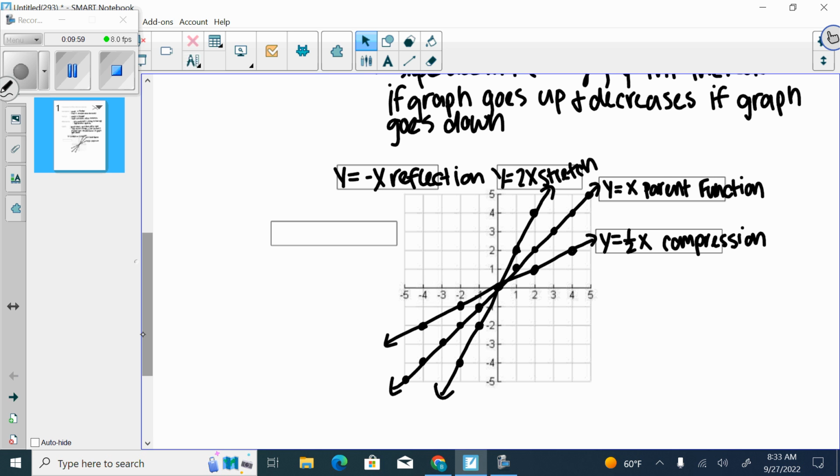I'm still going to start at 0, 0, just going down 1 and over 1, or up 1 over 1 in the negative direction. It's the exact same as the parent function, just slanted in the other direction. All of the y values that were positive have now been changed to negatives, and all the negative y values have now been changed to positives.